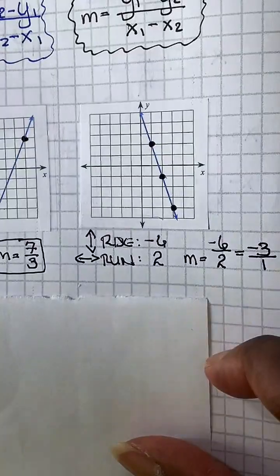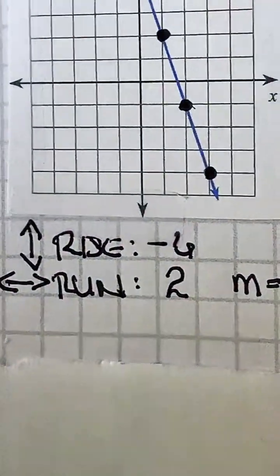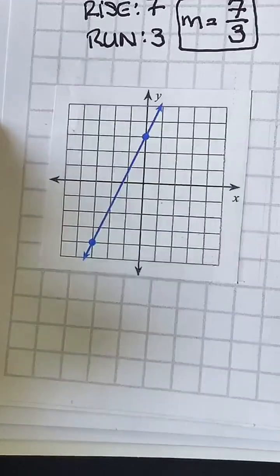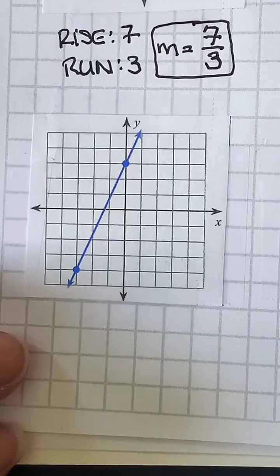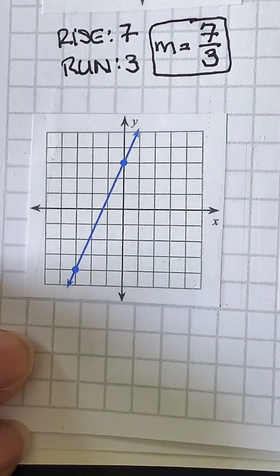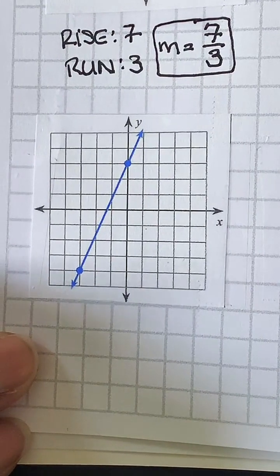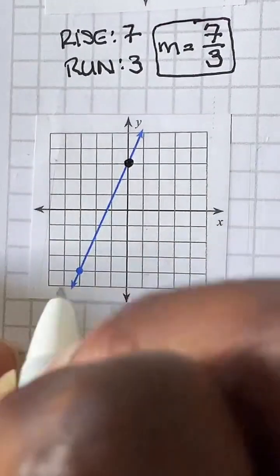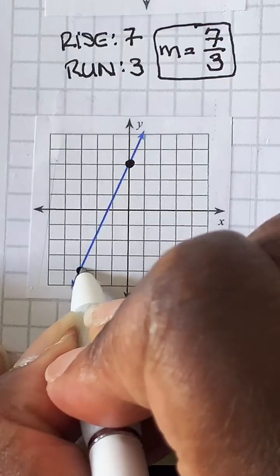All right, awesome, perfect. So let's do the same thing for the next one. Okay, so they're giving us a couple points. So we have 1 point here, and we have 1 point down here.